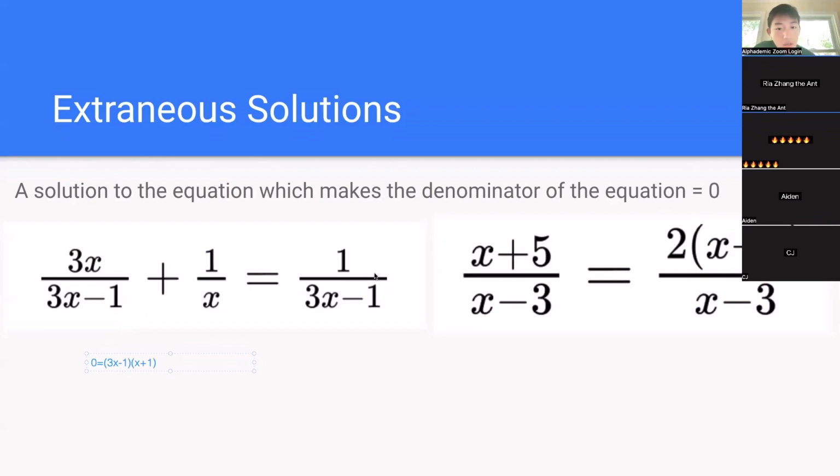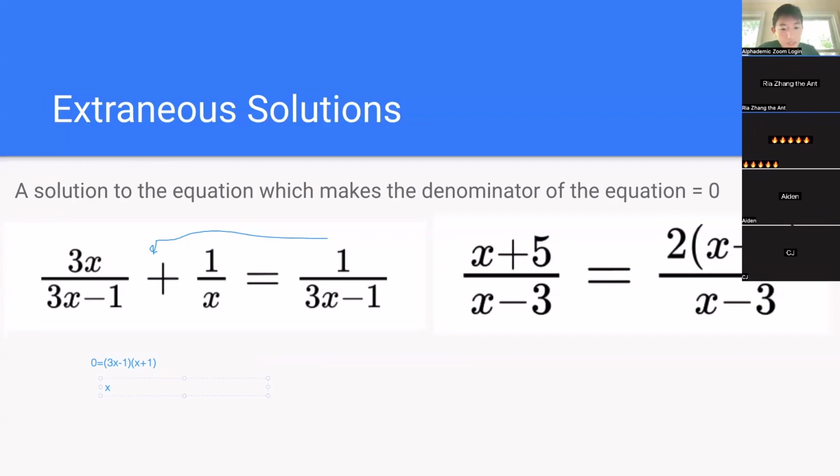Firstly, of course, you would move this to this side of the equation, and it becomes negative. And then you would have to multiply it by 3x minus 1 and this side by x, so they have the common denominator. But anyways, from this, you can see that we have two solutions.